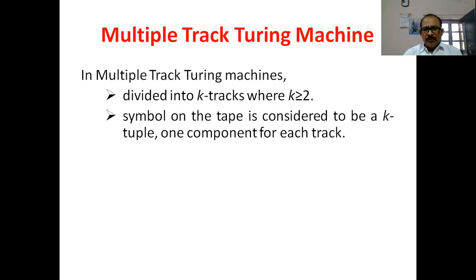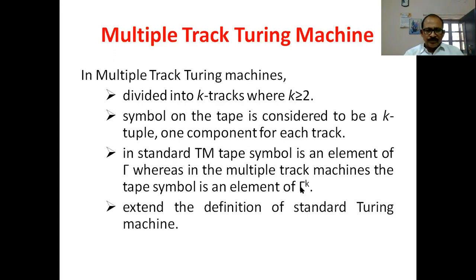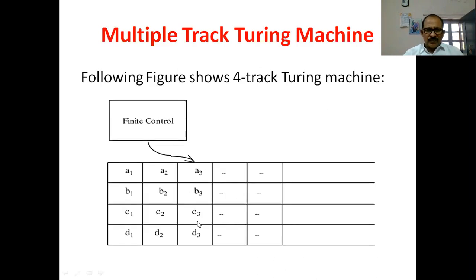Here each symbol is made of k tuples, one component for each track. You can remember in standard Turing machine, the tape symbol is an element of gamma, but in this Turing machine, the tape symbol is a member of gamma^k. This extends the definition of the Turing machine.